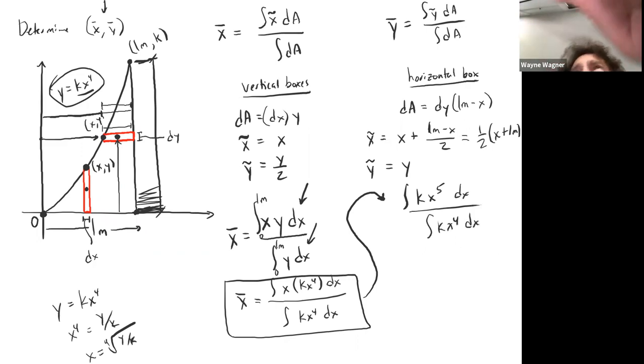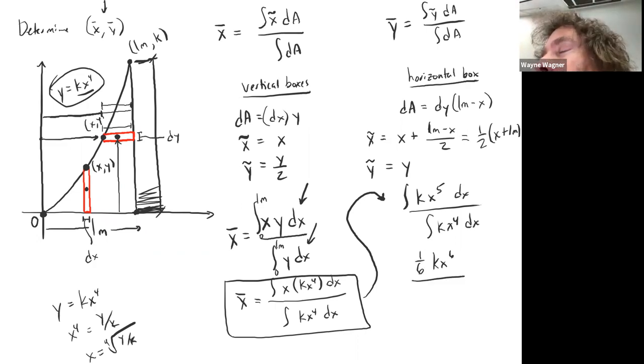Okay, so we're going to use the exponent rule. So this becomes kx to the sixth divided by 6, over, this becomes k. Remember, k is a constant, so k doesn't matter. x to the fifth divided by 5. Okay, and both of those go from 1 meter to 0.